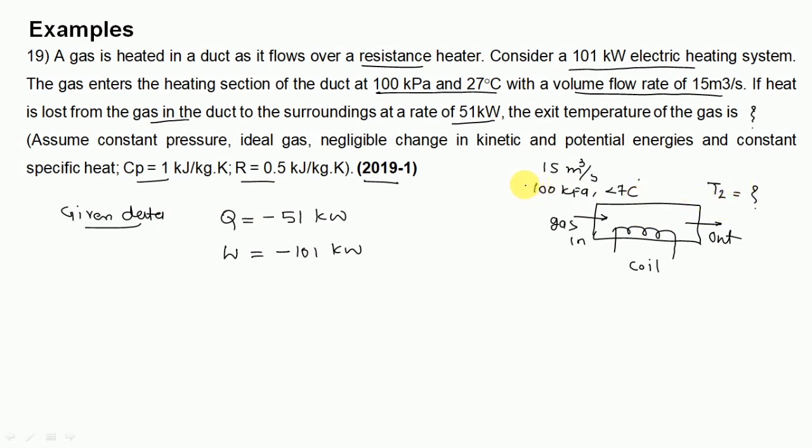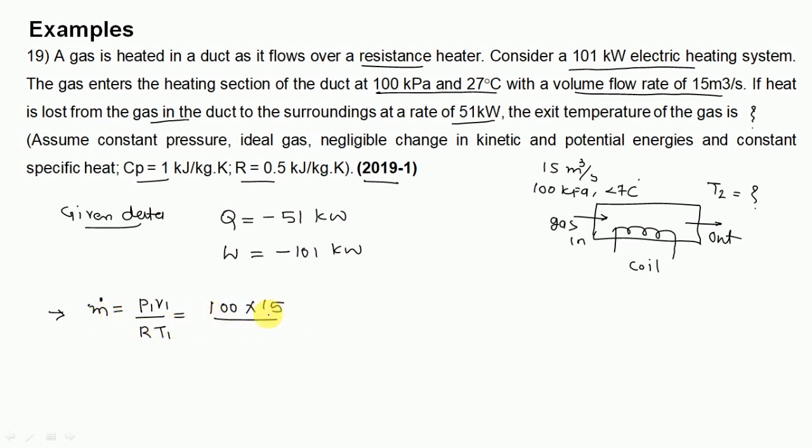So from the given data we can find the mass flow rate of the air first of all. We know PV equals mRT, so the mass flow rate m equals P1 V1 upon R into T1. The P1 value is given, 100 kilopascal. V1 is the volume flow rate in meter cube per second, so the mass flow rate is in kg per second.